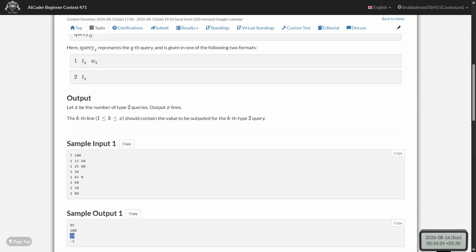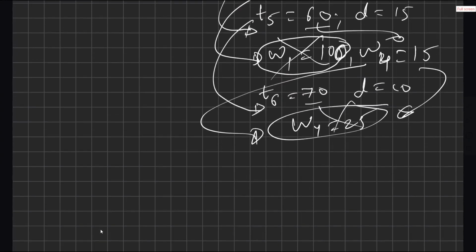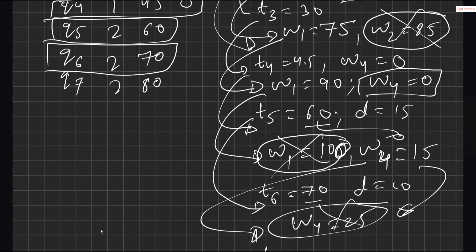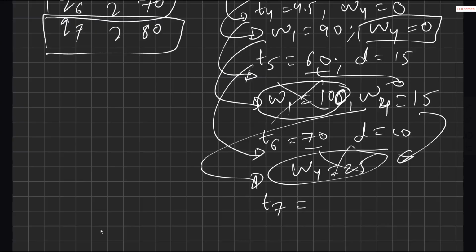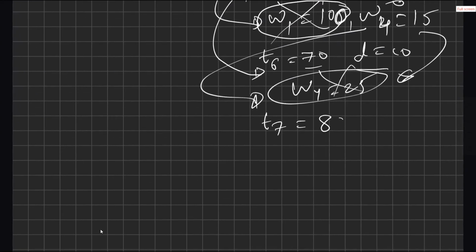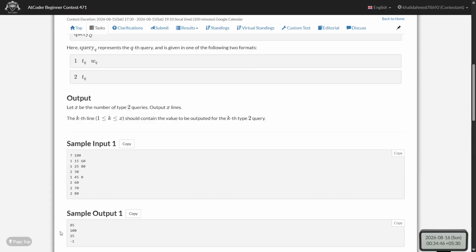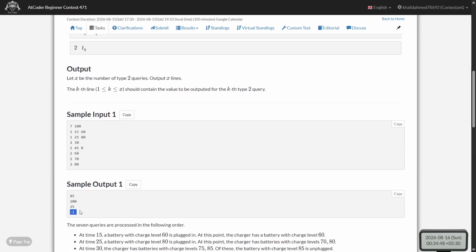Good. Now we don't have any battery in the slots; all slots are empty. Query 7 we are processing, and the time is 80. It is asking us to unplug the battery from the slot. Since we don't have any battery in the slots, we have to display -1. That's the reason they have displayed -1.